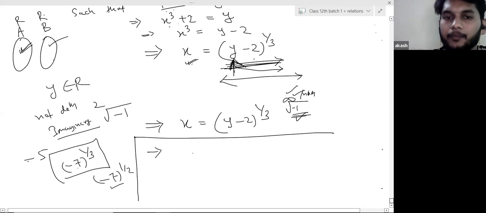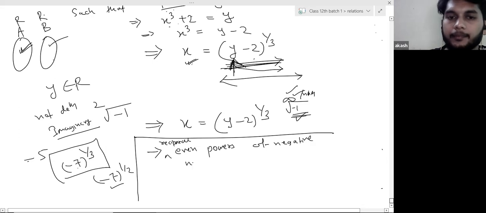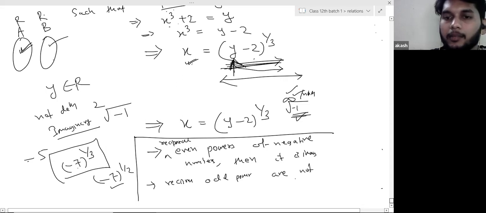If you have even powers, or reciprocal even powers, of negative numbers, then it is imaginary. All right, reciprocal odd powers are not imaginary. Because suppose minus 8 to the power 1 by 3.